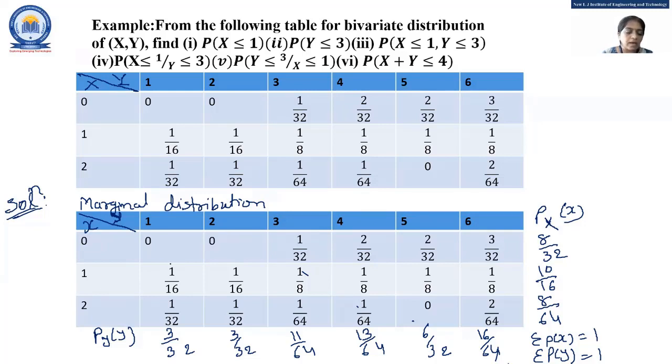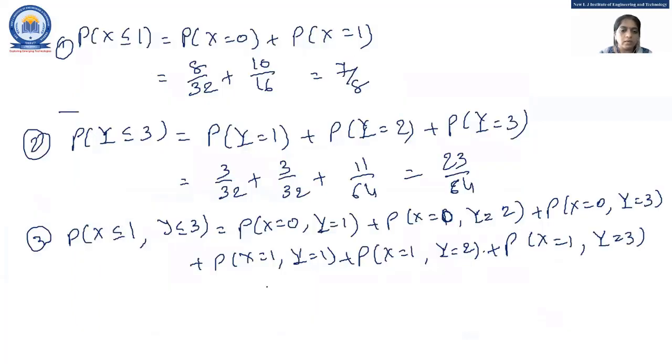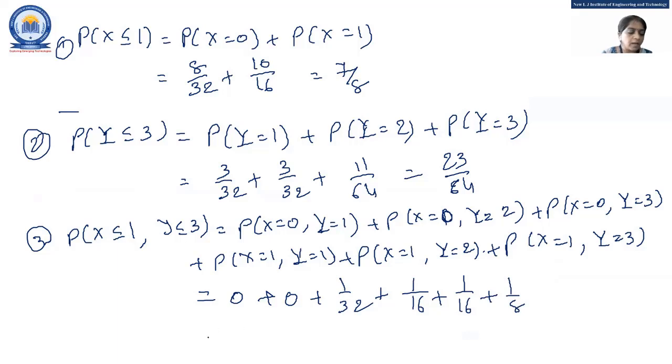Similarly, x1, y1 is 1 by 16, x1, y2 is 1 by 16, and x1, y3 is 1 by 8. So it is 0 plus 0 plus 1 by 32 plus 1 by 16 plus 1 by 16 plus 1 by 8, and it is equal to 9 by 32.